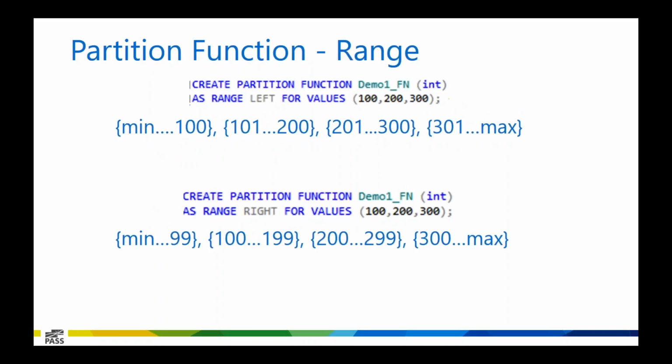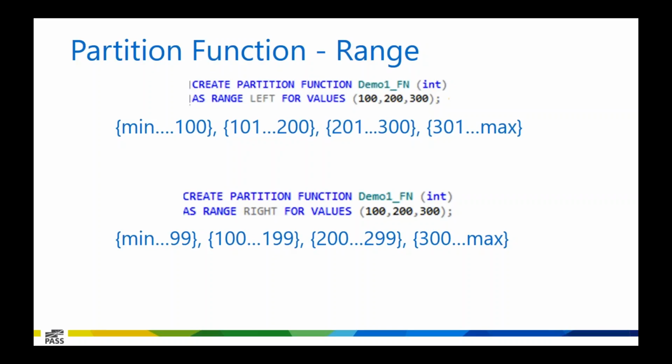So here's an example, and we'll go through this on a demo too, but this is just making sure everyone understands the key basics here. So for range left, as I mentioned, which is the top one here, we're using int, and we have our 3 boundary values, 100, 200, 300. So we have our 4 partitions here, and the boundary points, which are the numbers in the parentheses, 100, 200, and 300, are going to set up the boundary points for the partitions.